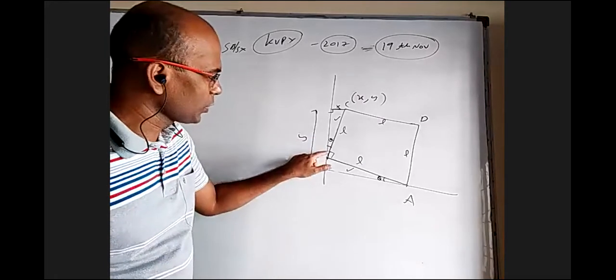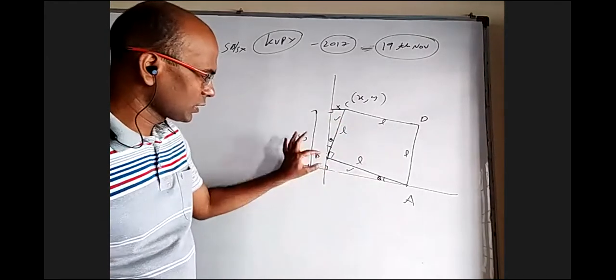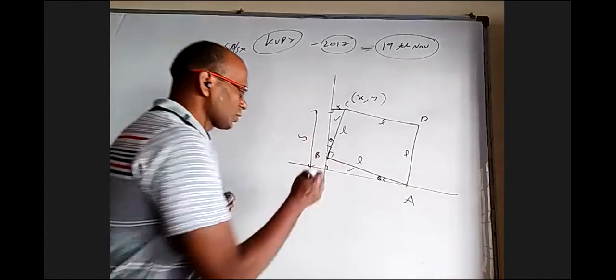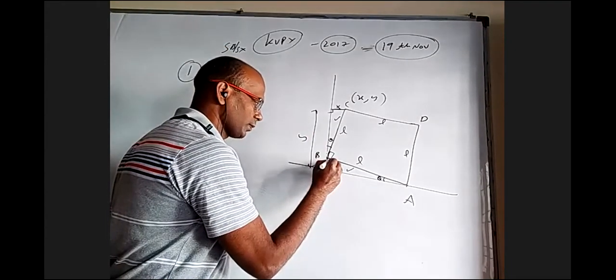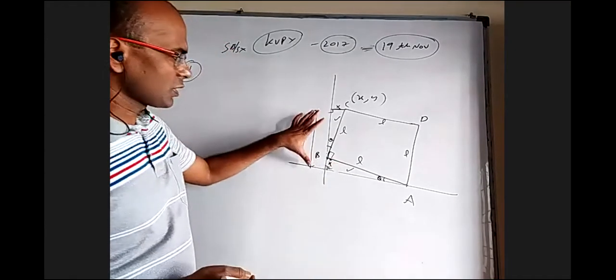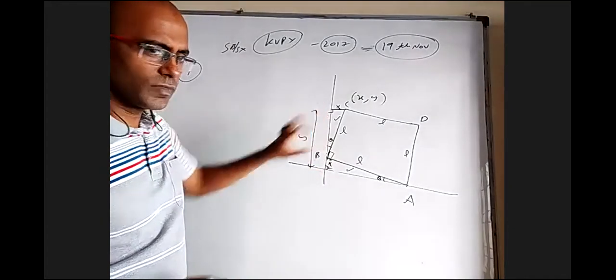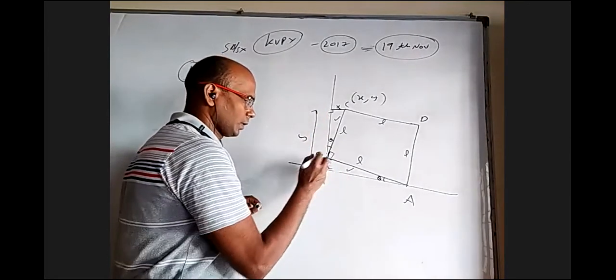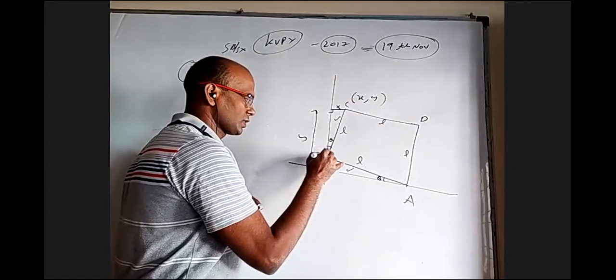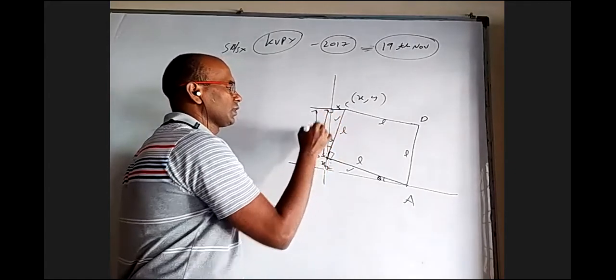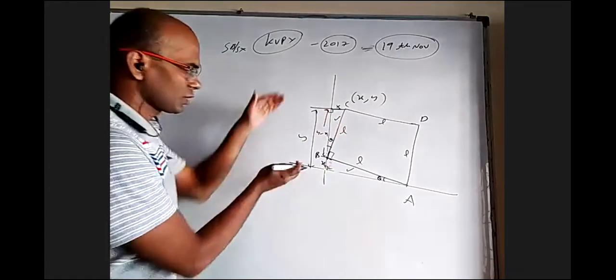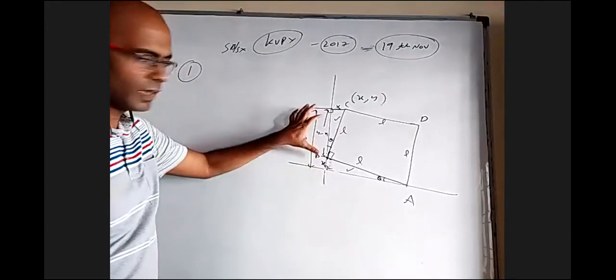Now, opposite to theta, if this is x, opposite to theta, this also should be x. So this small thing should be x. If this total is y and this is x, what will this length be? This is x, so this length will be y minus x.